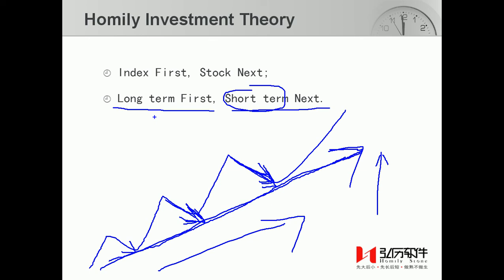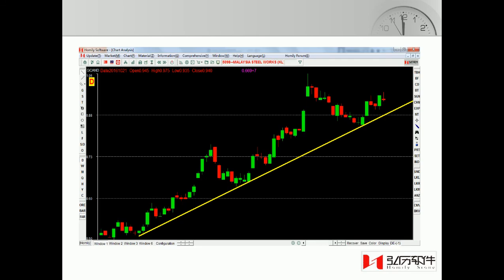Okay, this is the homely investment theory. You can see this picture, the low point, and here it is the higher low, right, and higher high. What trend is this? Uptrend, right? Okay, let's see another.